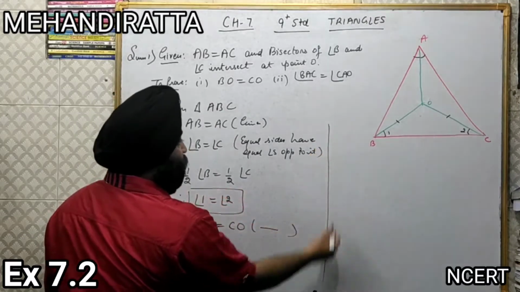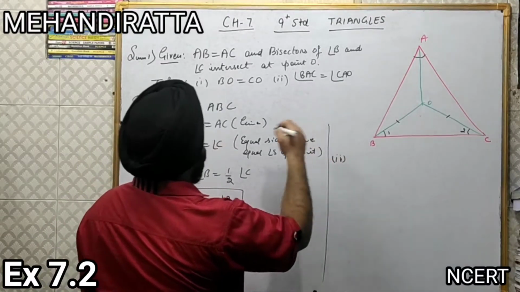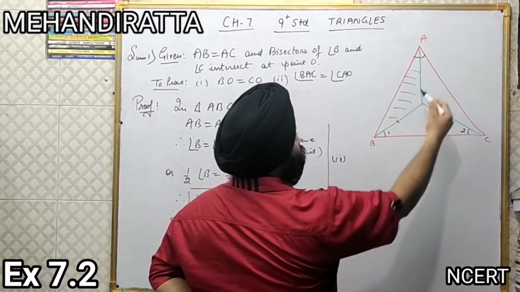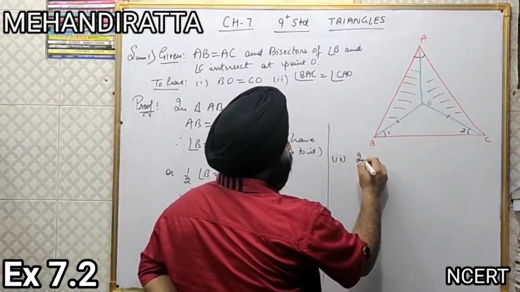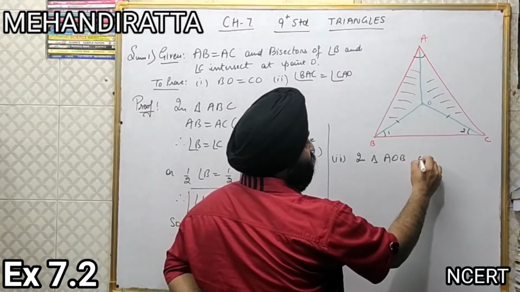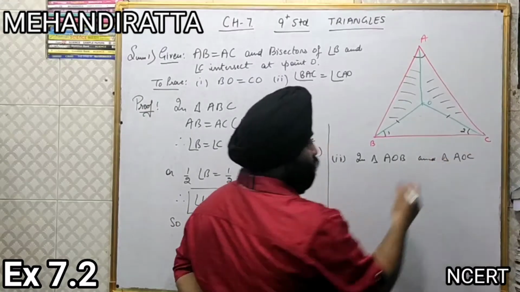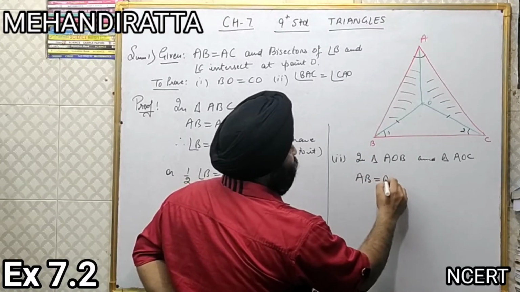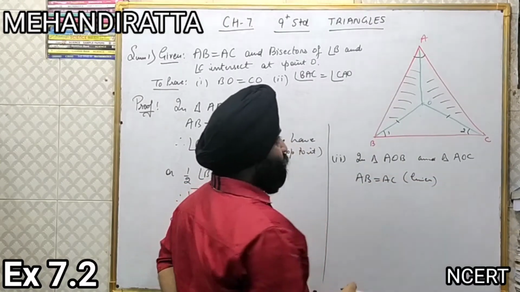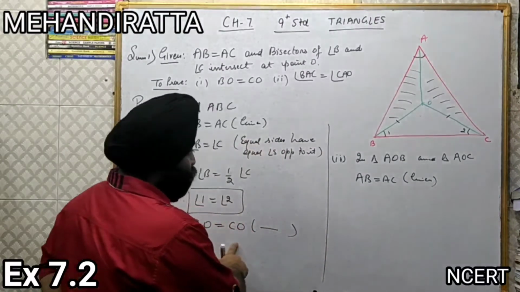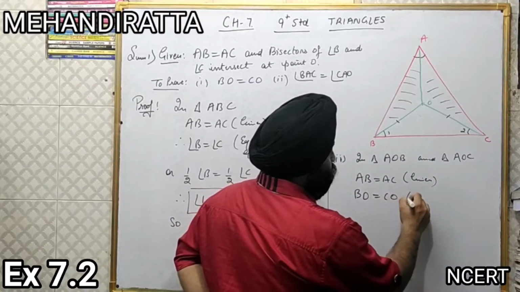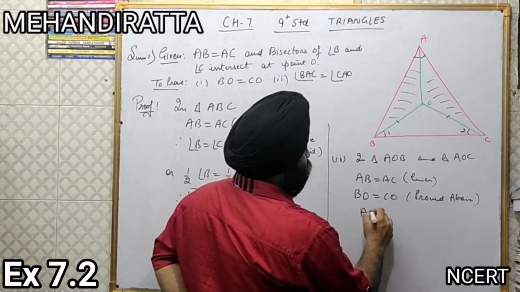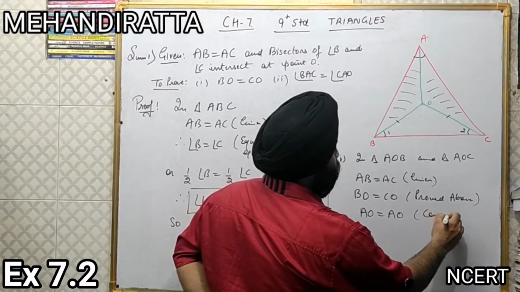Now comes the second part. In the second part, firstly we will prove the congruency of these two triangles. In triangle AOB and triangle AOC, AB equal to AC given, BO equals CO proved above, and AO equals AO common.